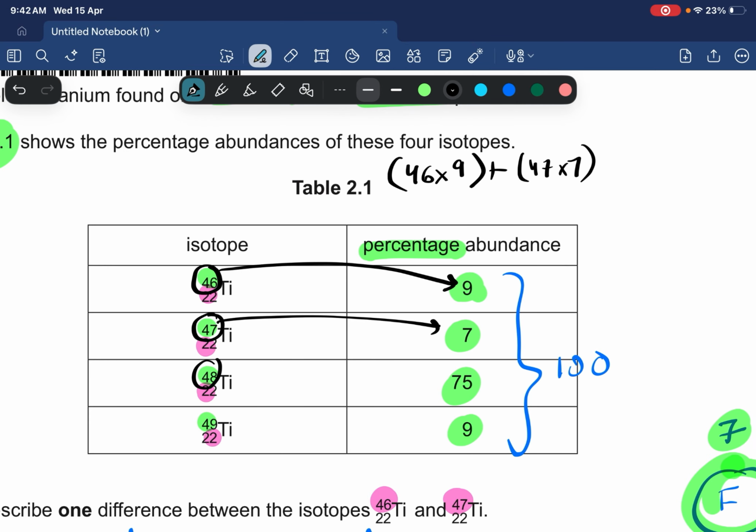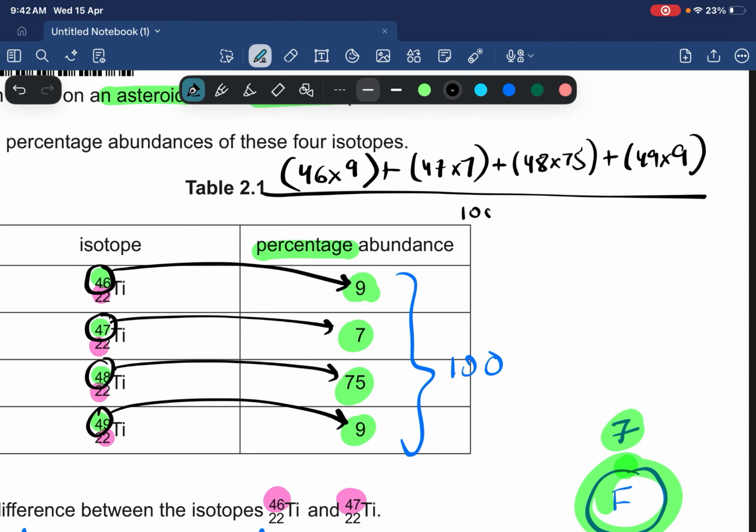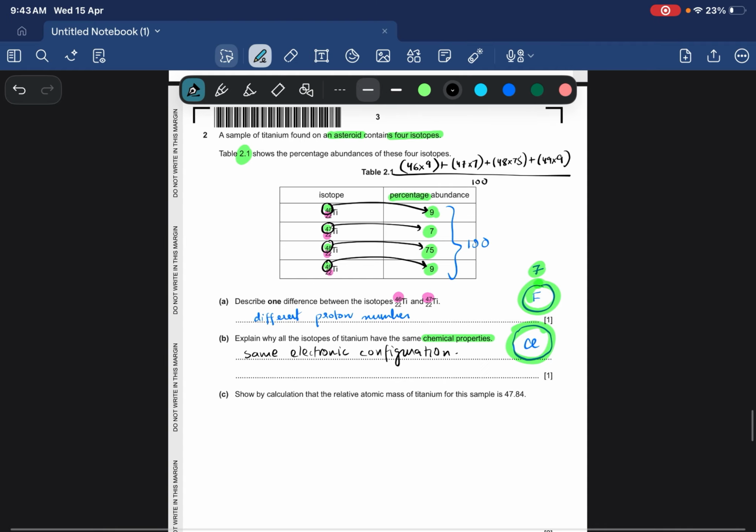Then 48 multiplied by 75. Again you take the mass, multiplied with abundance, 49 multiplied by 9, upon the sum of abundances, which is 100. That's all you have to show the examiner.